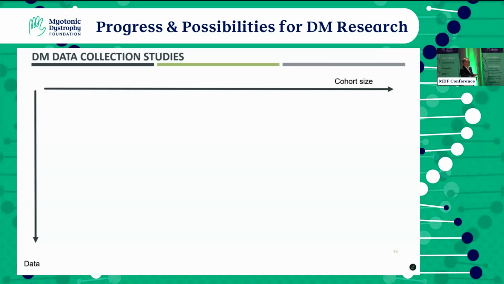Whenever you have data collection from patients, first, you would like to have as many patients as you can collect. This is one axis. The second is that you would be interested in a large data set, with many data points per patient. Ideally, we would have the entire DM population and all the data from it.